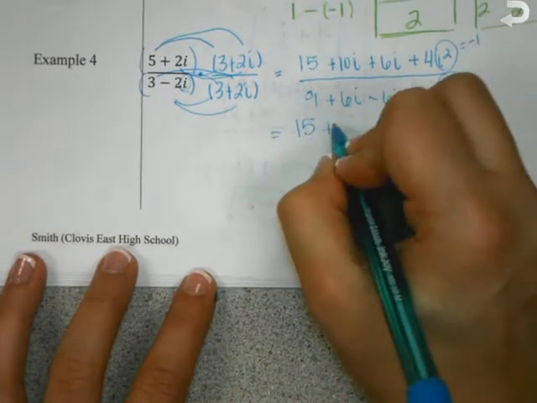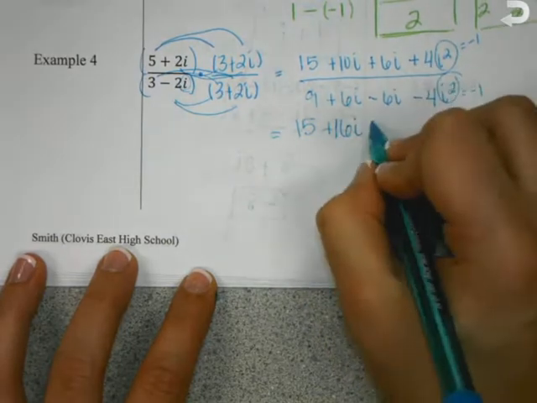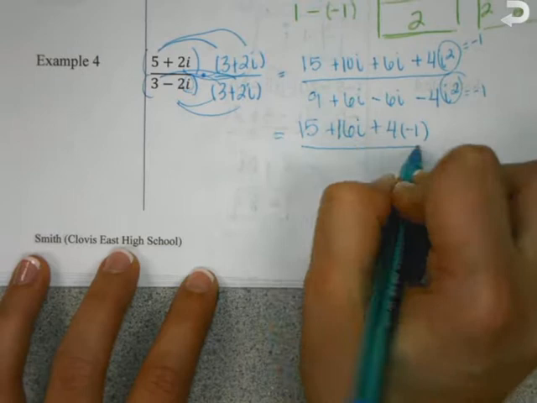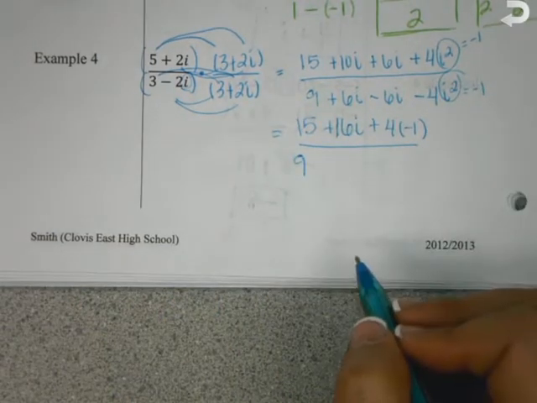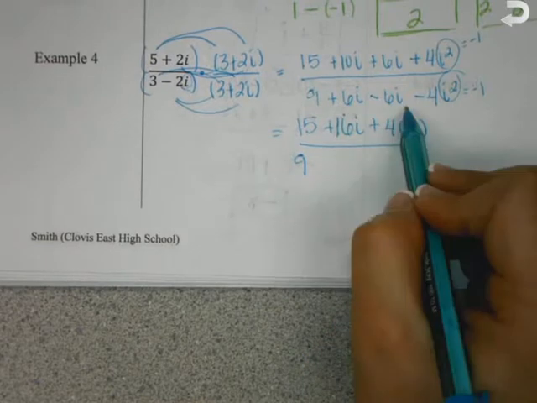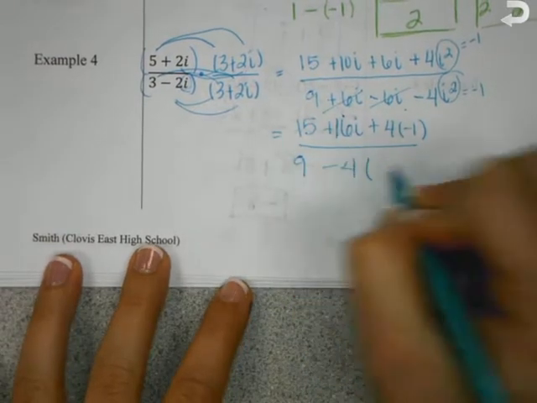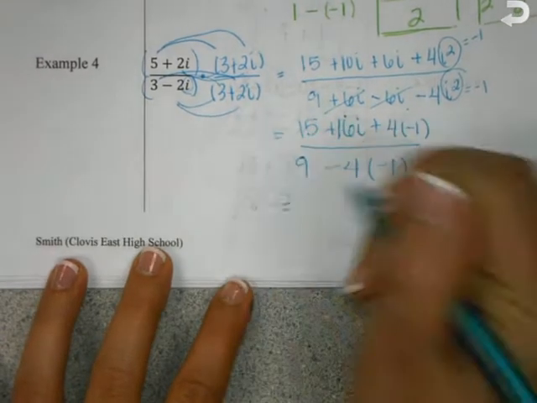So it's multiplication, yeah, I put subtraction. 6i minus 6i cancels, and that's negative 4 times negative 1. Okay, so that is 15, and negative 4 times negative 1 is negative 4. So what's that going to give me? 11.